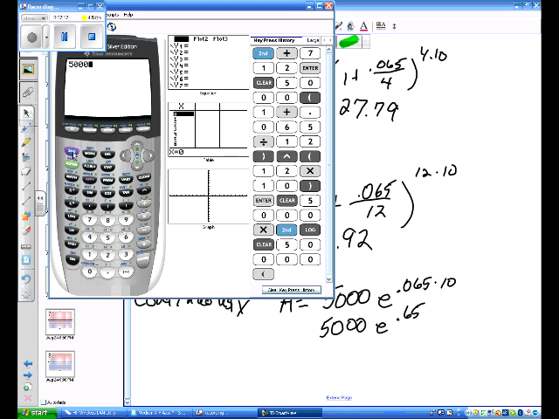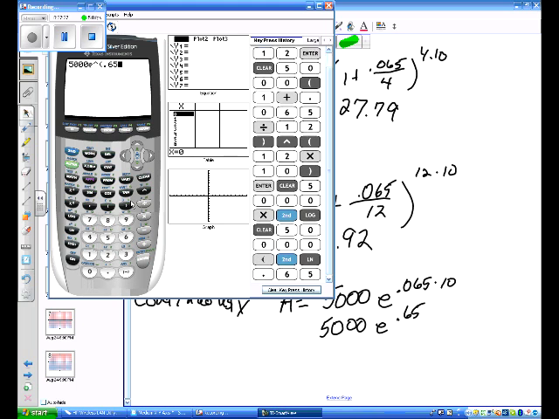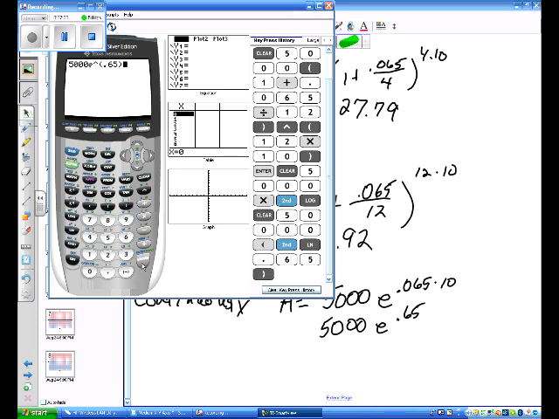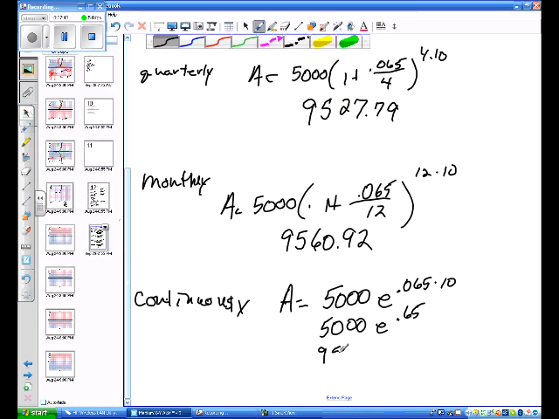Now, on your calculator for your e, you have to do second and then that LN button. And so raised to the 0.65. And so that tells us we would get $9,577. And so again, we get just a little bit more.